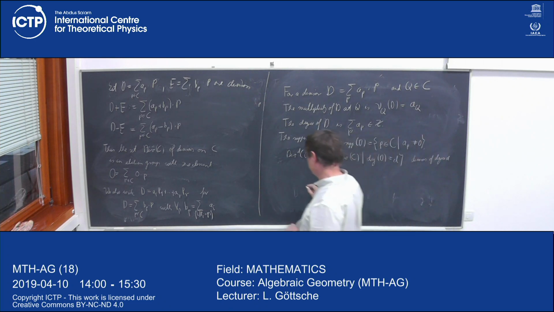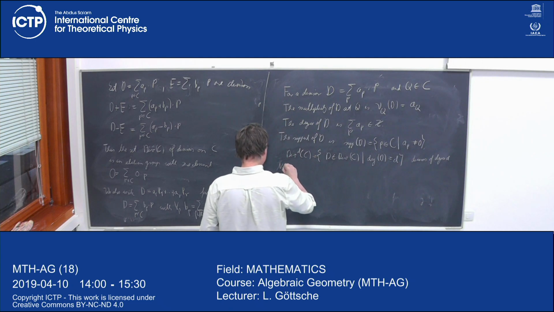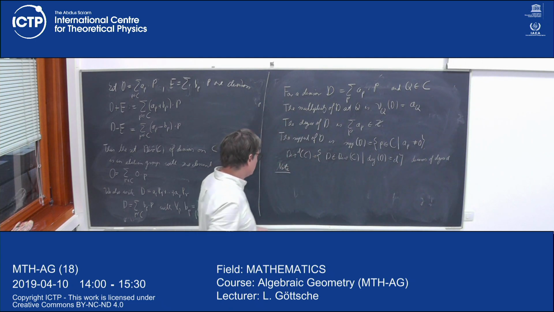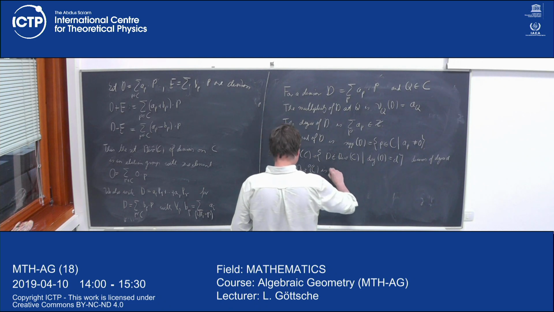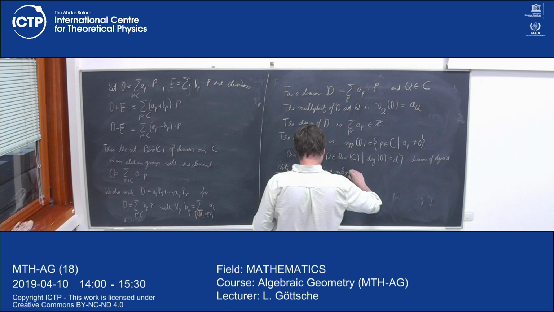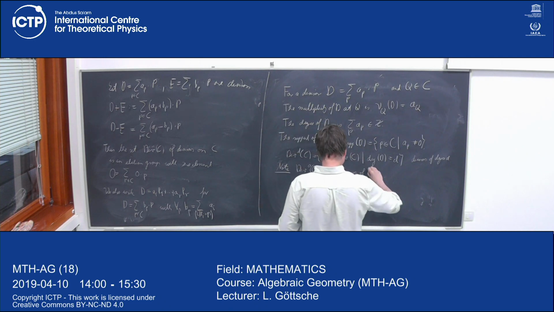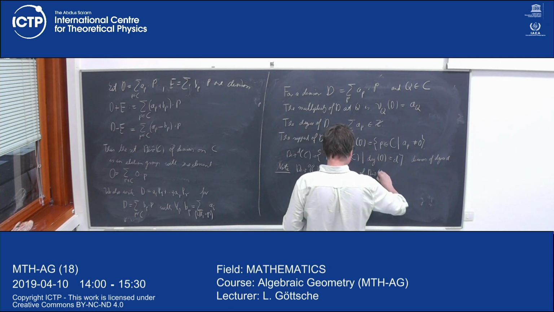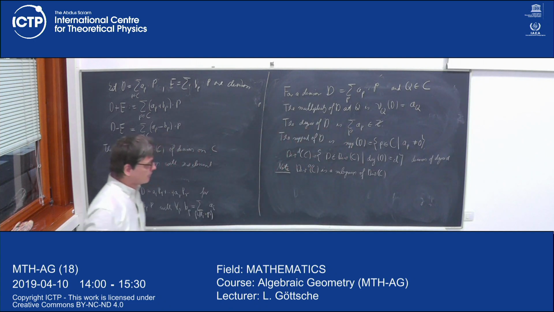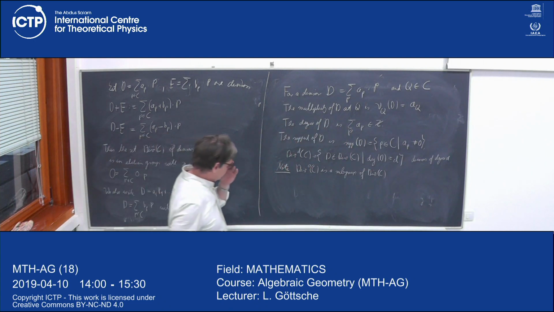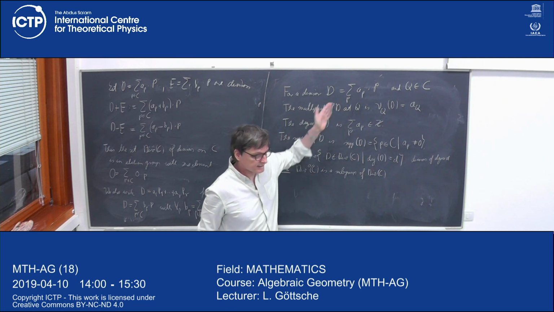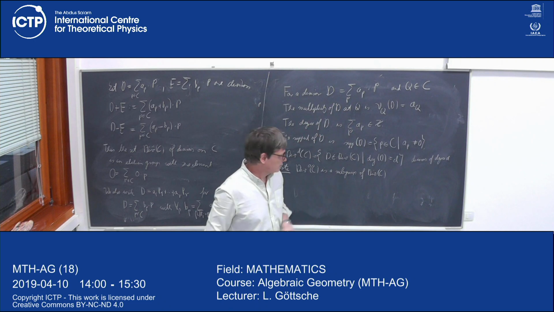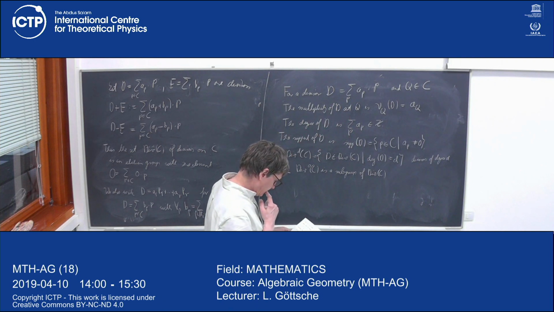And note that Div 0 of C is a subgroup of Div C. Because the degree is additive, if you take the sum of two divisors, it's clear.